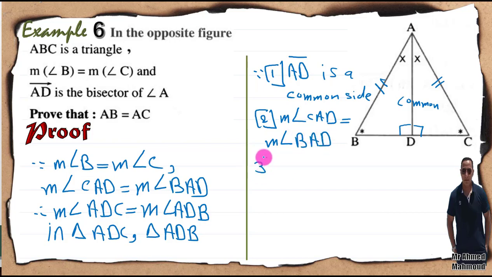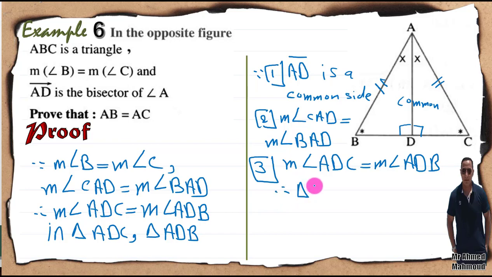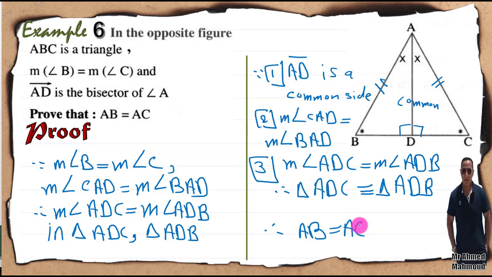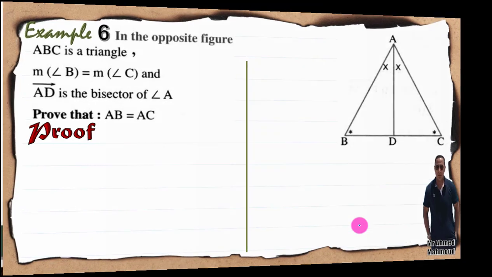Number 3, measure of angle ADC equal to measure of angle ADB. Therefore, triangle ADC is congruent to triangle ADB, and from the congruency, therefore, AB equal to AC. Okay, now example 7.